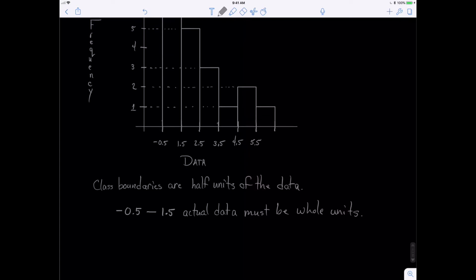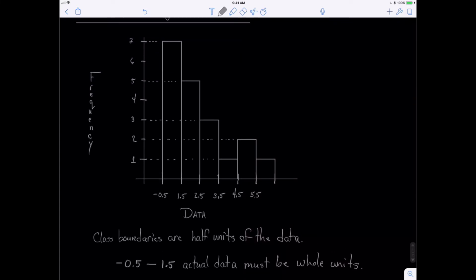Oh, you know what? My graph is slightly off. Let me fix that. My graph should have been negative 0.5 to 0.5, 0.5 to 1.5, 1.5 to 2.5, 2.5 to 3.5, 3.5 to 4.5, and 4.5 to 5.5. There we go.